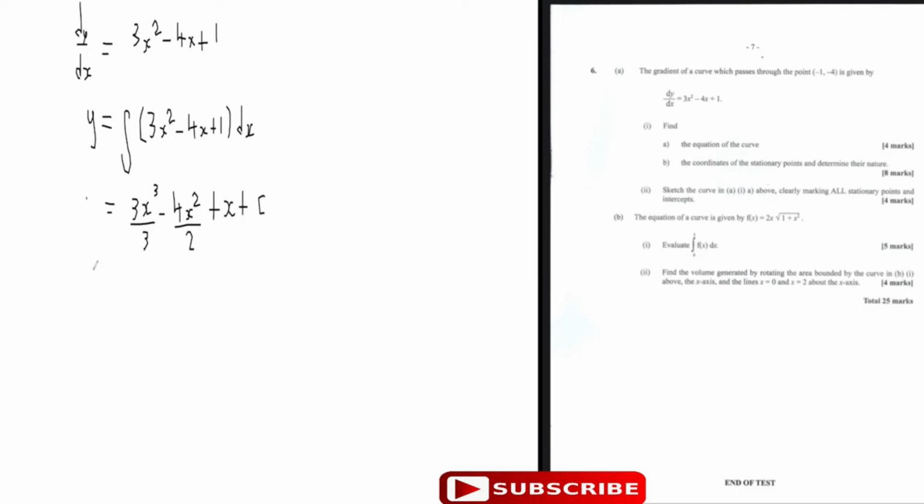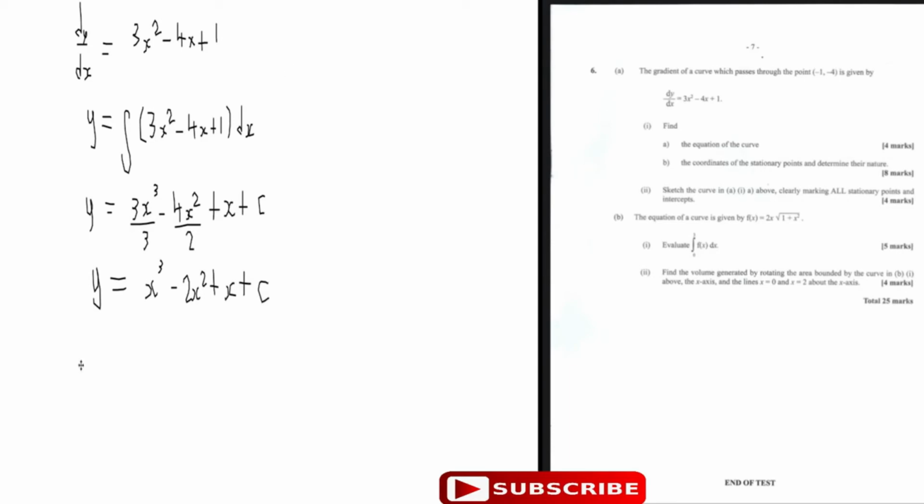If you want to go ahead and simplify it, you're going to see that y is actually just x cubed minus 2x squared plus x plus c. Nice and easy. Now you need the point -1, -4.